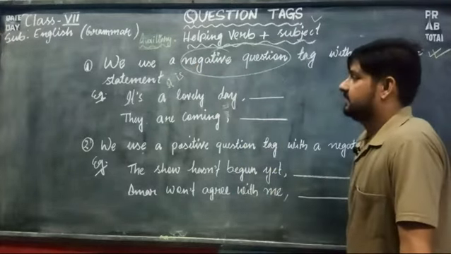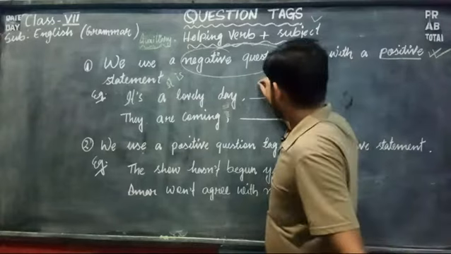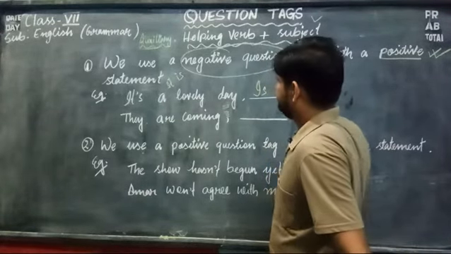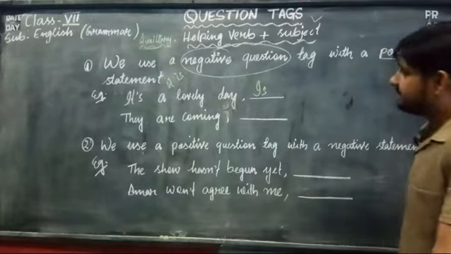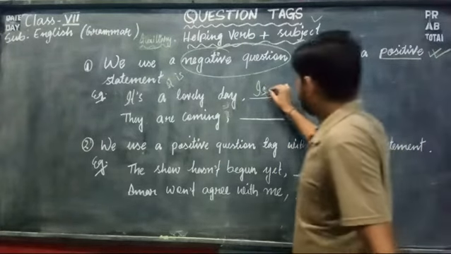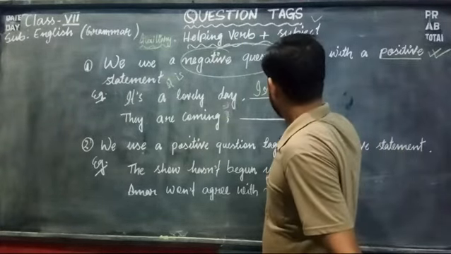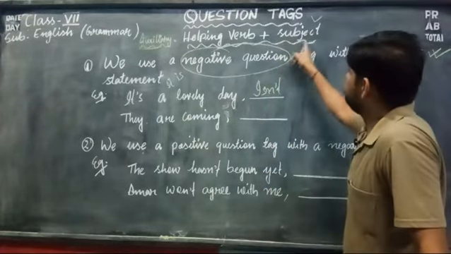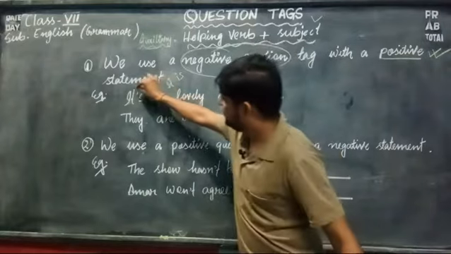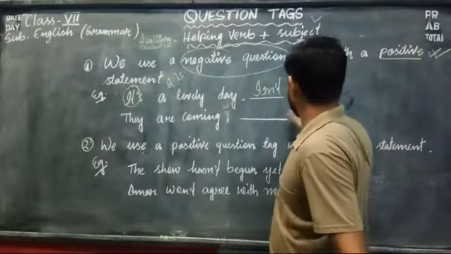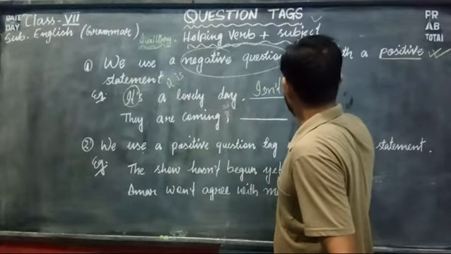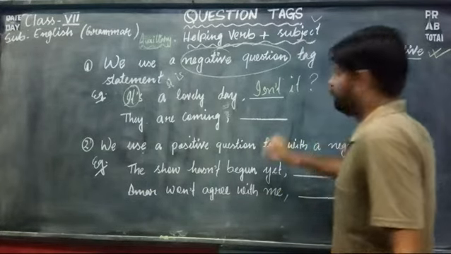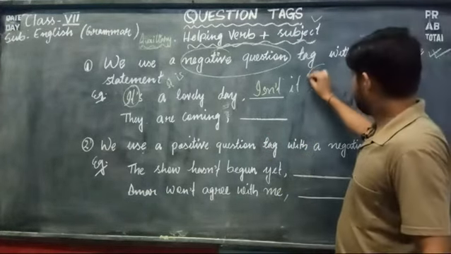So now we will write isn't. Then plus the subject. The subject is it. Write it: isn't it? Then this is a question, so put a question mark. Very important.